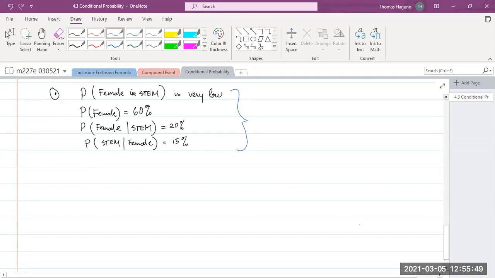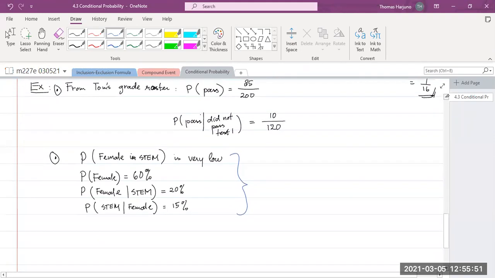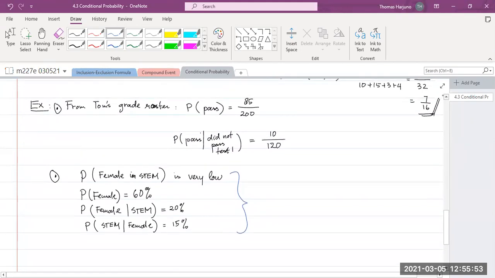So I hope that brings us to see how conditional probability enables us to compute the situation more contextually compared to if we don't have the context. So again, going back to this grade roster, what is the probability that somebody passed my class? 85 out of 200.